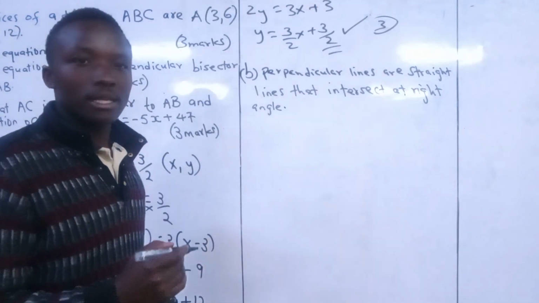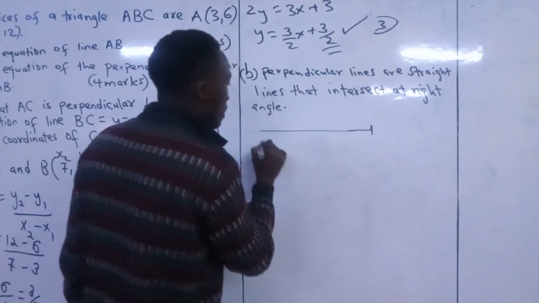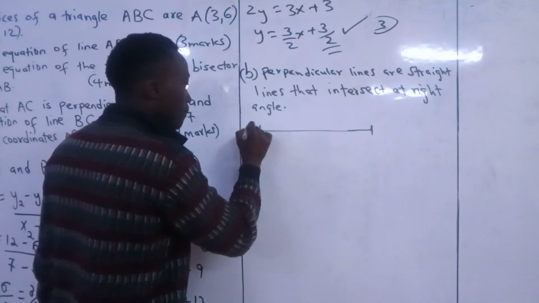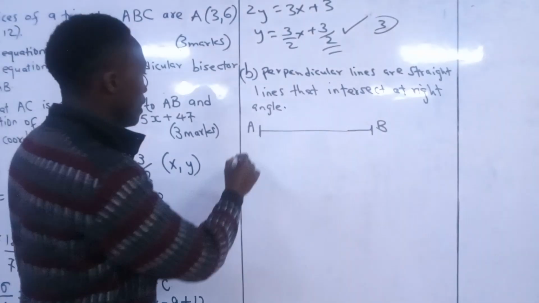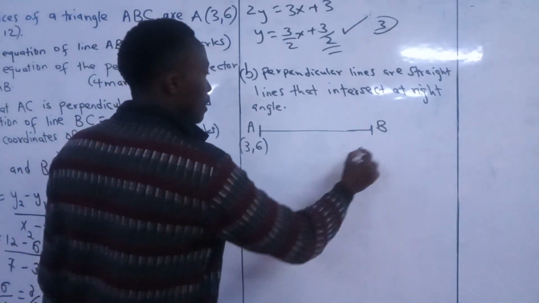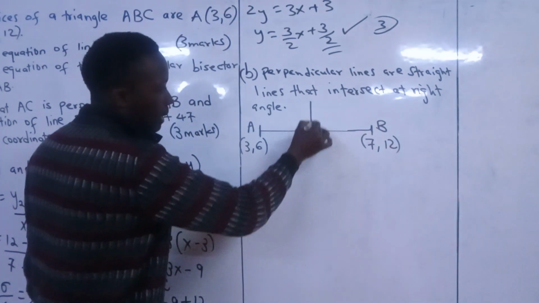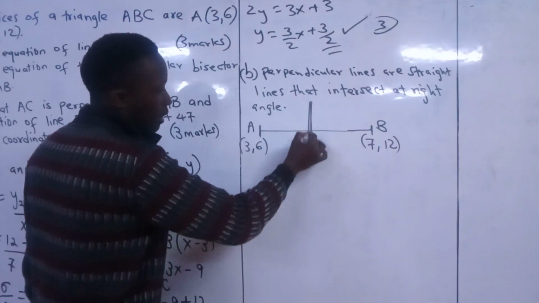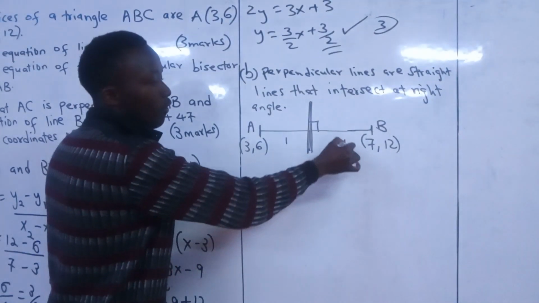So that means, if that is our line AB, having A as (3, 6) and B as (7, 12), then our perpendicular bisector is cutting this line at the center in the ratio of 1:1.